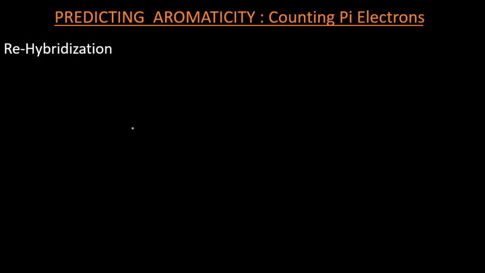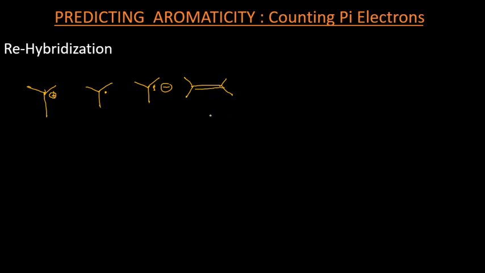But before then let's look at these compounds here. Just a double bond.